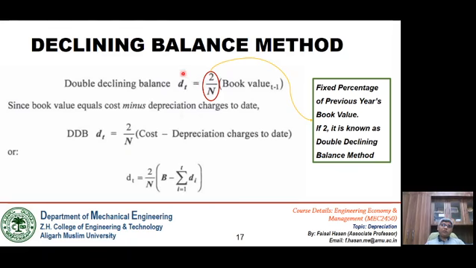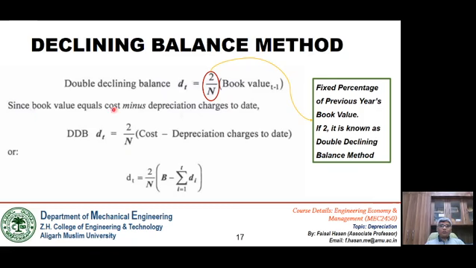So the formula for calculating the depreciation for any year is some factor multiplied by the book value of the previous year. The factor may be 2 upon n. If it is 2 upon n, then this is known as the double declining balance method. If we have 1.5, that will be known as the 150% declining balance method.